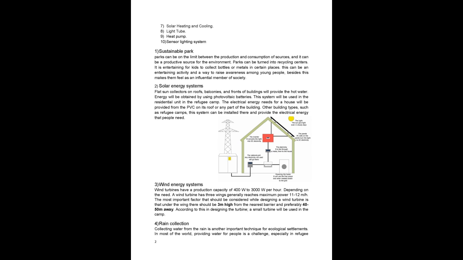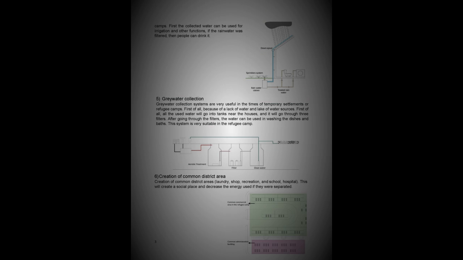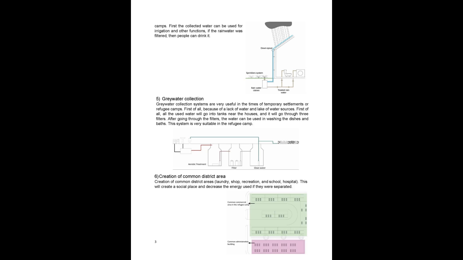Especially small turbines could be very useful in this case. Rain collection systems install small tubes on the roofs of the houses, and the small tubes could lead into a tank. This tank could be located next to the houses or underneath them. It could provide water for irrigation or, with some filtration, for human use.